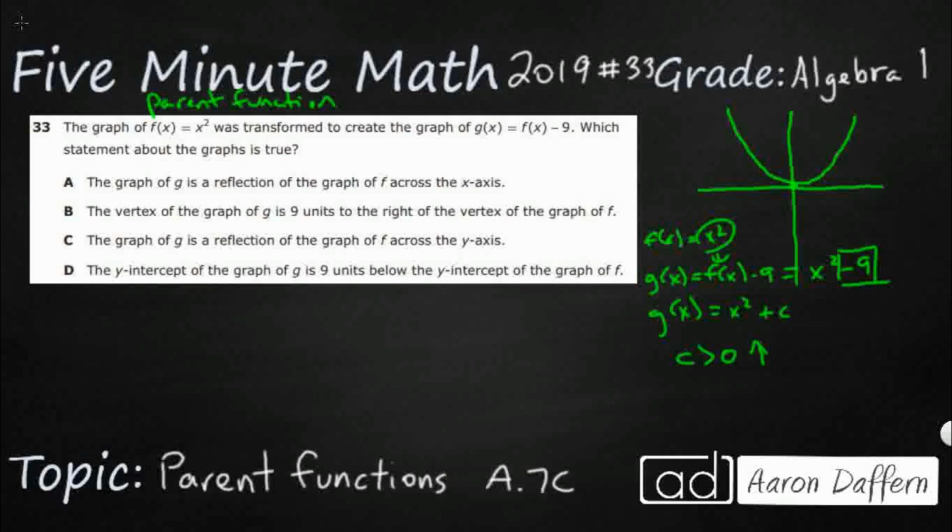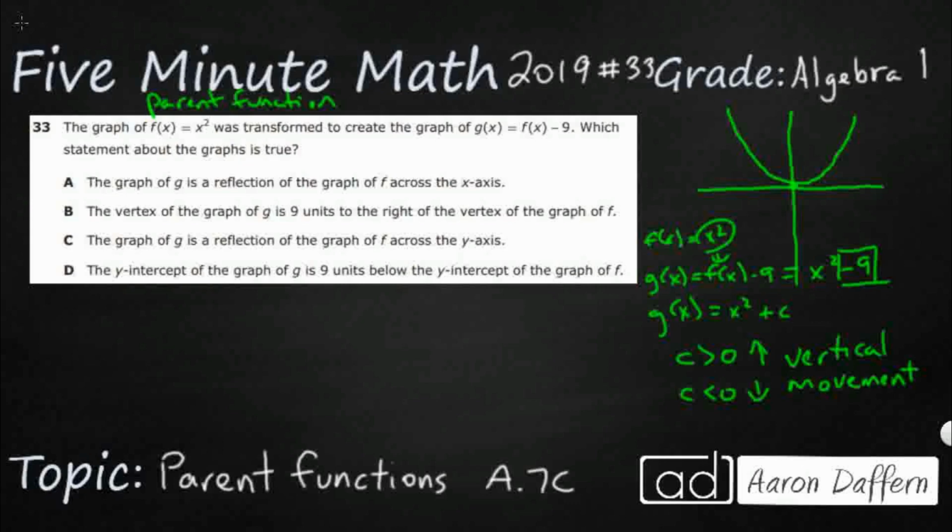And if it's less than 0, which in this case it is, minus 9, it's going to shift down. So that's all it's doing. It's moving up or down based on whether the c is greater or less than 0.